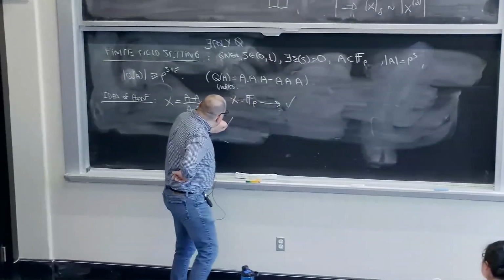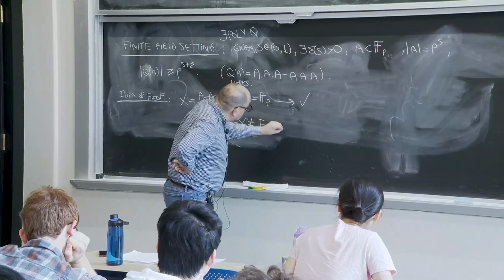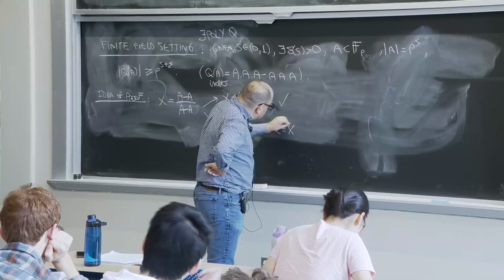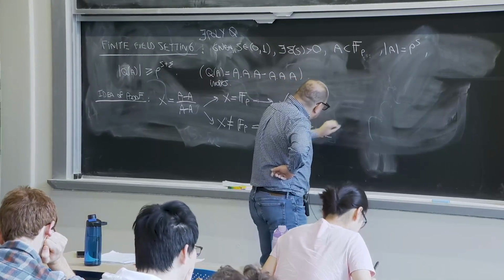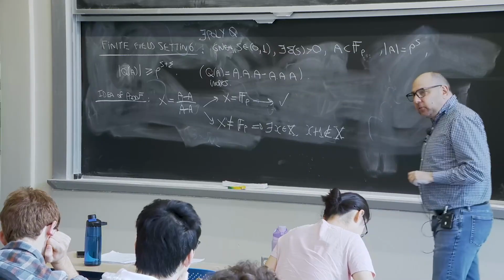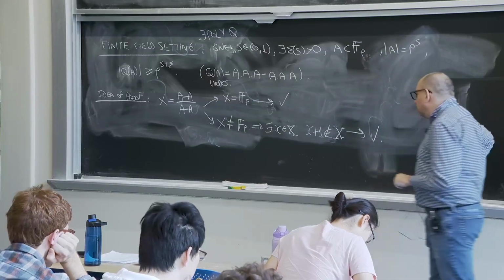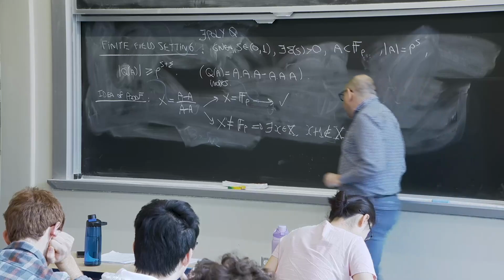And the other possibility is that X is not everything. And if it's not everything, there exists some little x in X such that x plus 1 is not in X. Because it's not everything. And then one can also conclude. So in both cases, one has to work. I'm not saying it's trivial, but this was the structure of the proof.